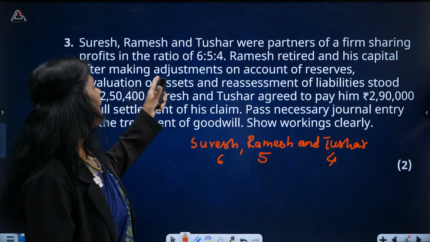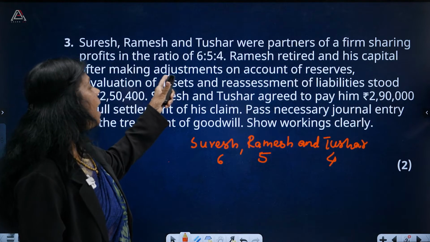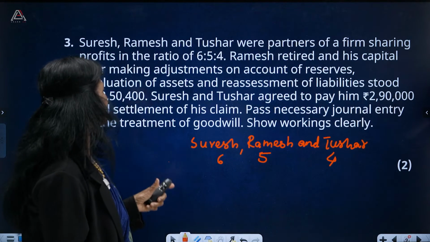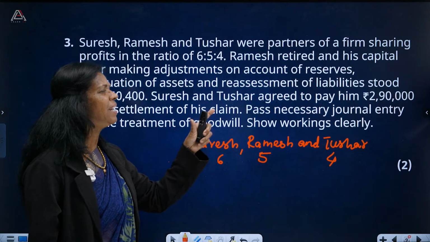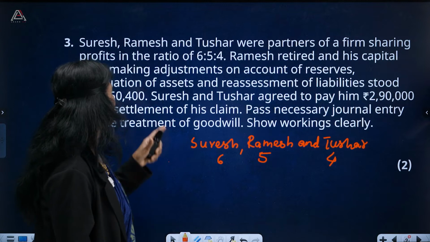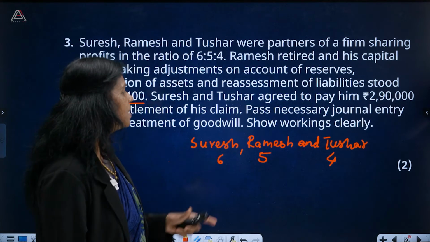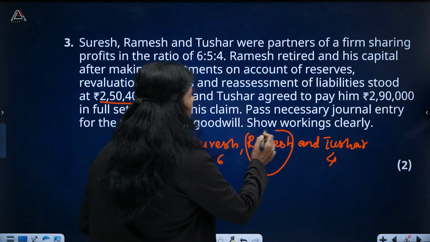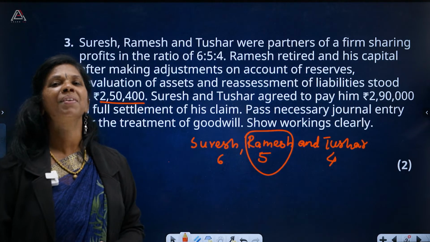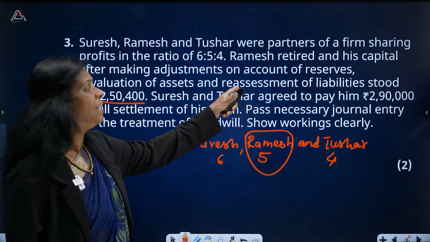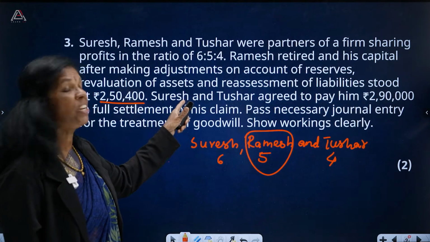Ramesh retired and his capital after making adjustment on account of reserves, revaluation of assets and reassessment of liabilities was 2,50,400. Who retired from the service? Ramesh retired from service. When he retired, his capital is given in the question.